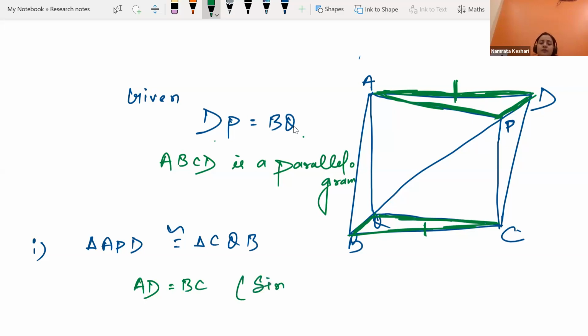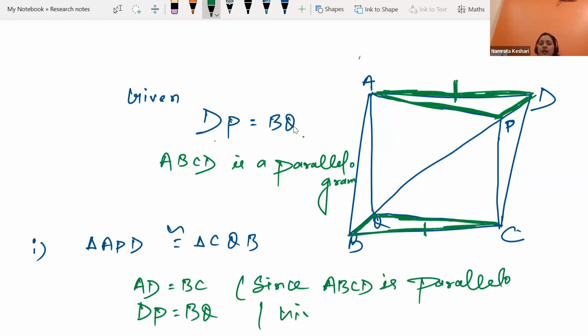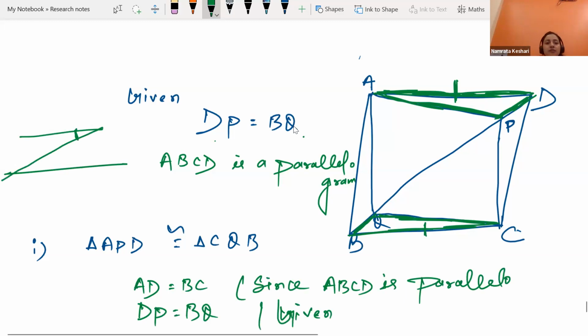Yes or no? Yes, ma'am. Okay, and whatever is given, this DP and BQ, that is also equal. DP is equal to BQ, already given over here. What else? See carefully, we are having a pair of parallel lines, and if we take this as a transversal, can we say this angle and this angle are a pair of alternate interior angles?